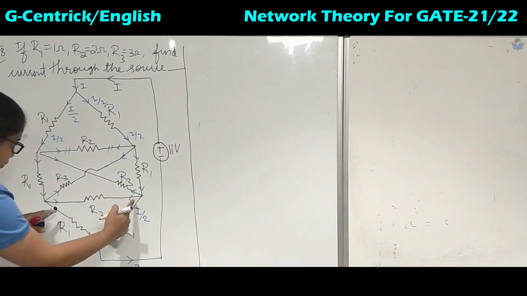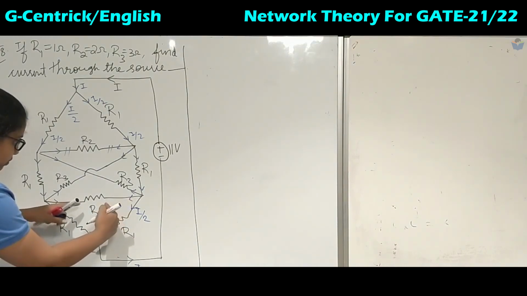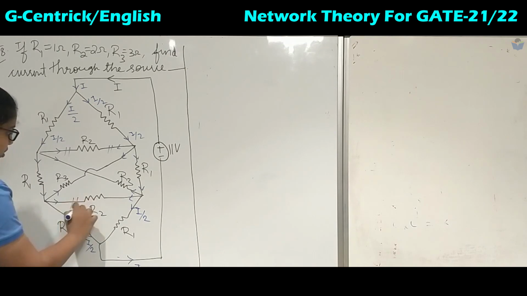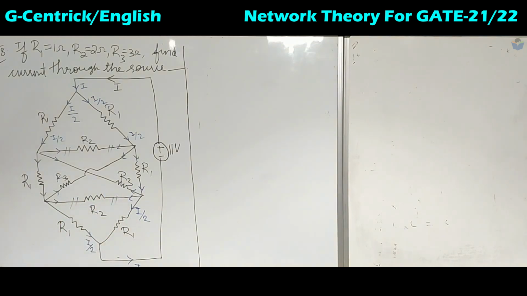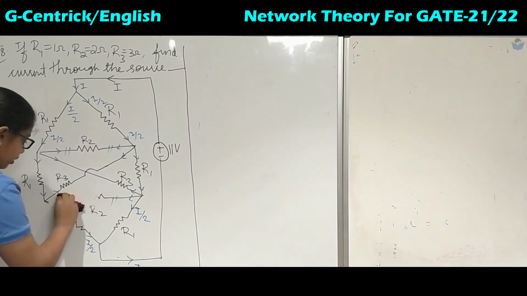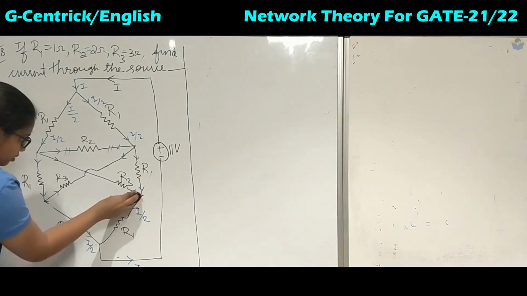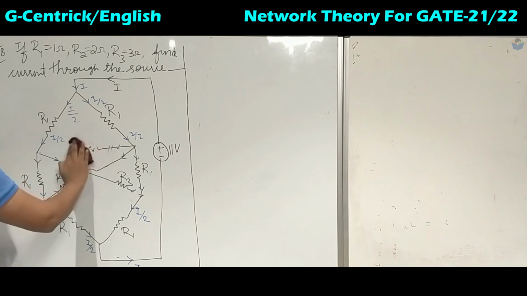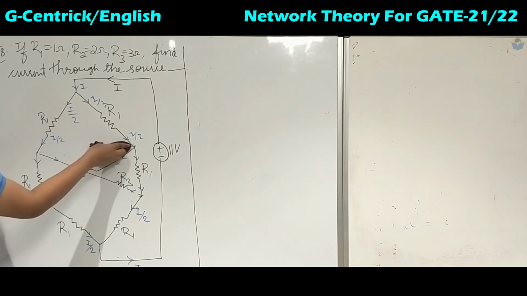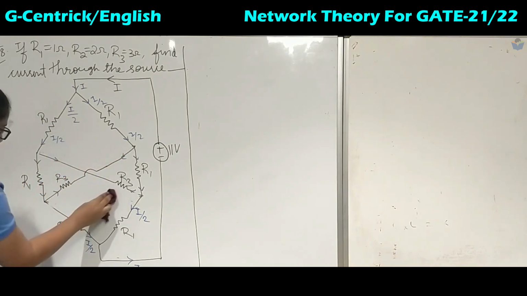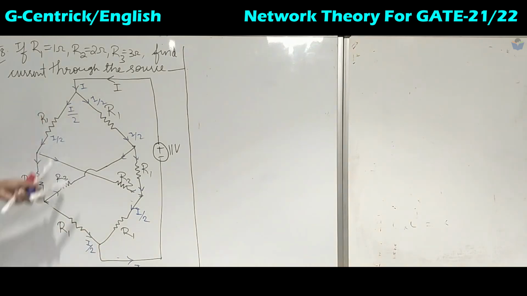So here also we have equal and opposite currents flowing in the same branch. So this branch does not have any significance. When you redraw the circuit, these 2 branches will be open. This is the open branch. So we have removed R2. So this circuit looks like this when R2 is removed.